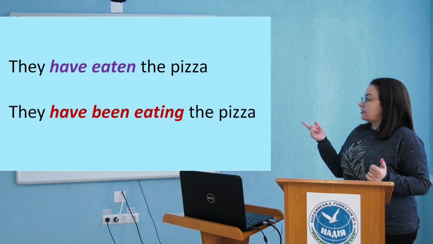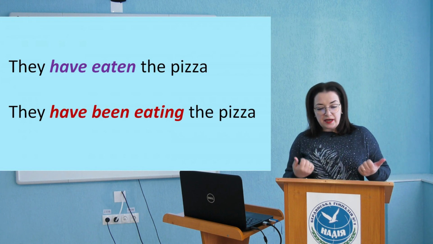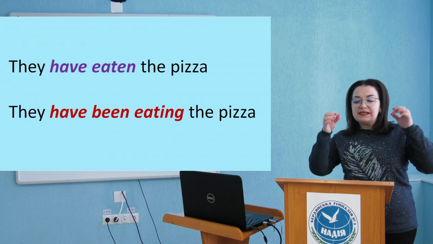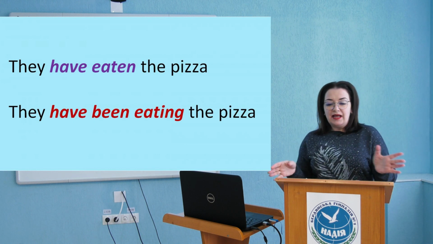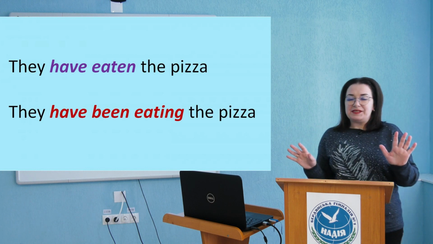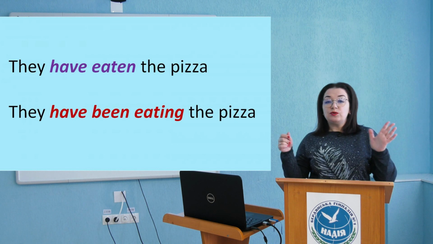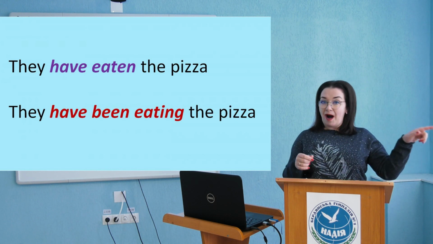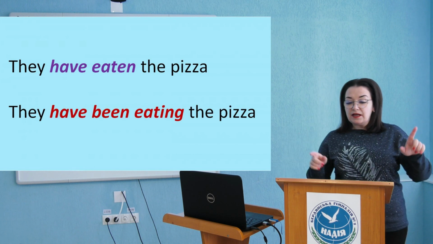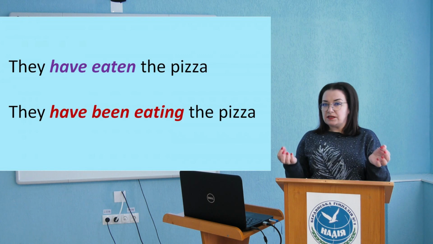The second sentence, they have been eating the pizza, suggests that there is still pizza left now. They haven't eaten all the pizza, you see? We can use either of these two tenses to talk about events that happened in the past, but they are somehow connected to the present. That's the deal.